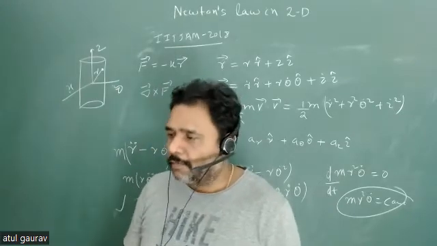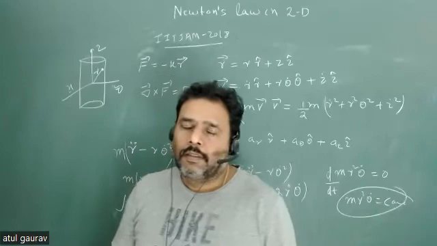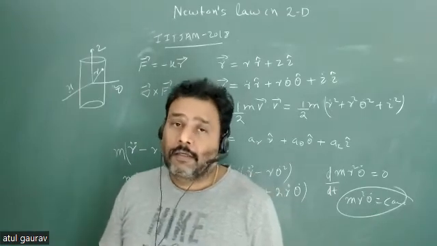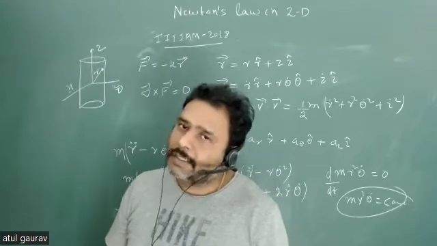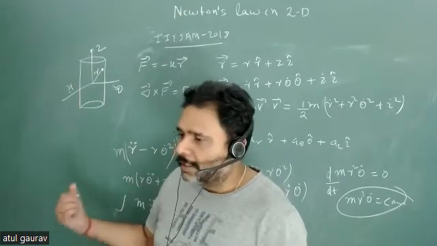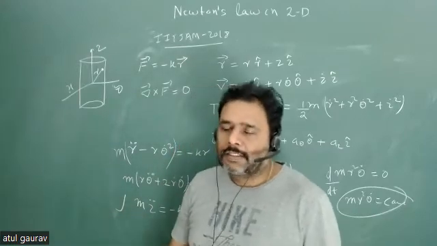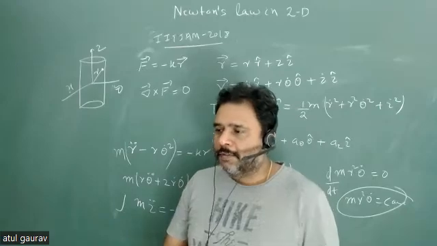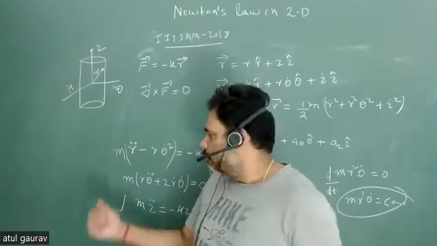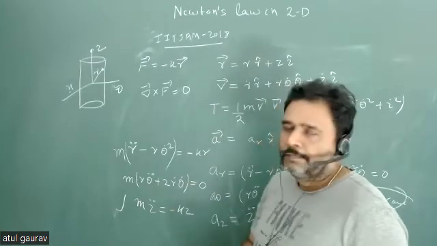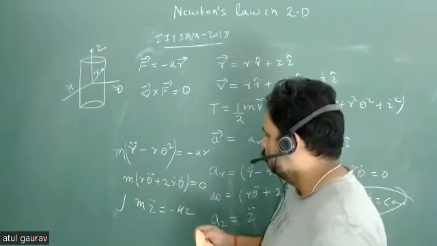Net torque should be zero. Yes, if there is no external torque, then obviously angular momentum is conserved. So here there is no external torque, you can see. So angular momentum is also conserved, and you can also find that from here.